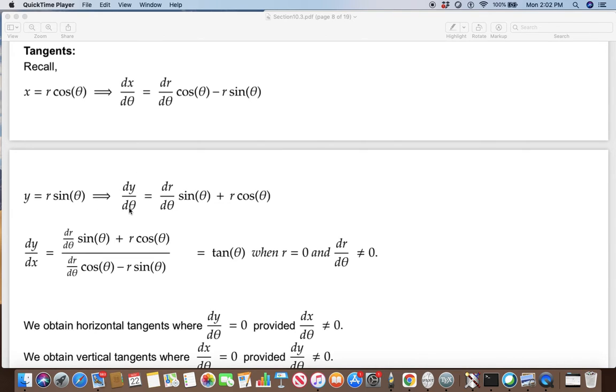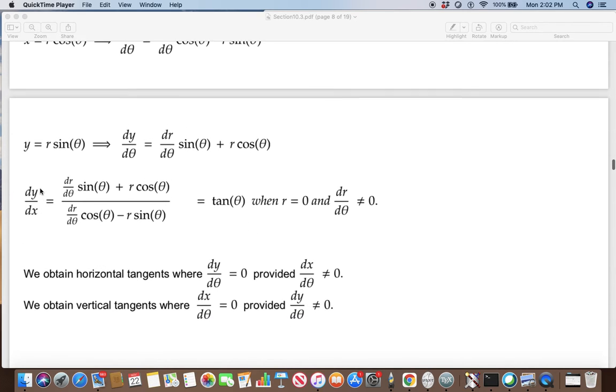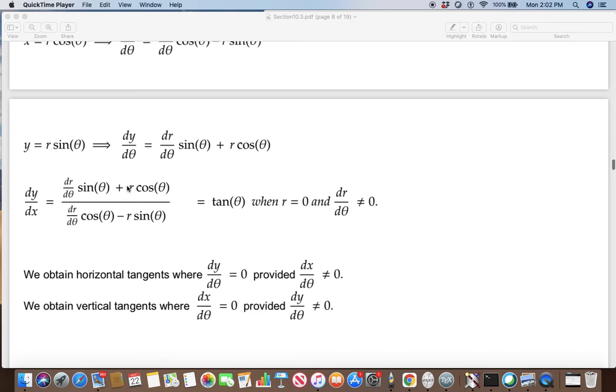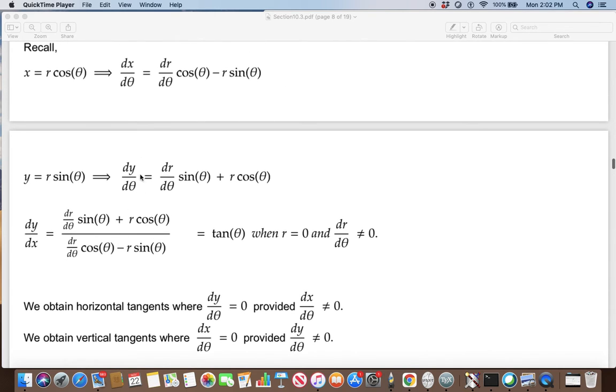Again, dy d theta by product rule is dr d theta sine theta plus r, derivative of sine is cosine theta. So dy by dx is dy by d theta on the top and dx by d theta on the bottom.